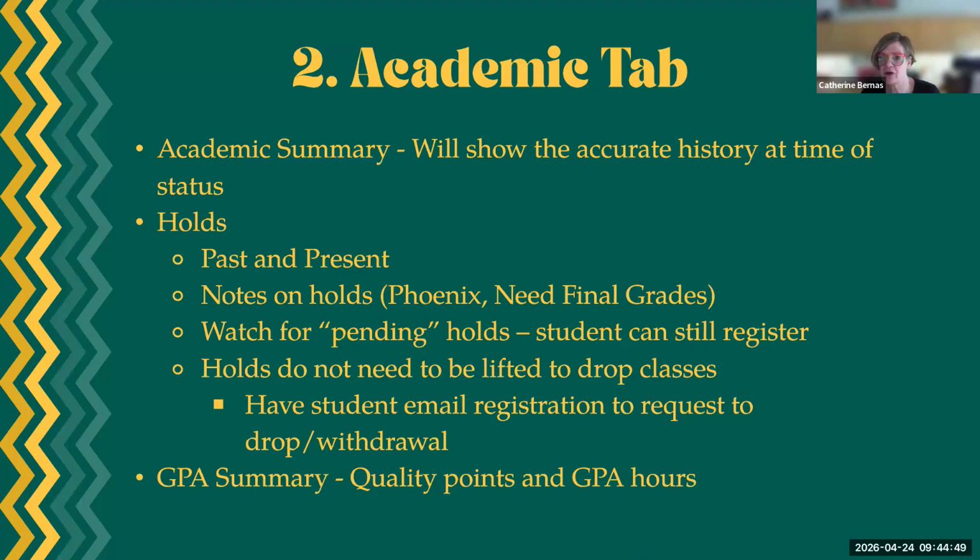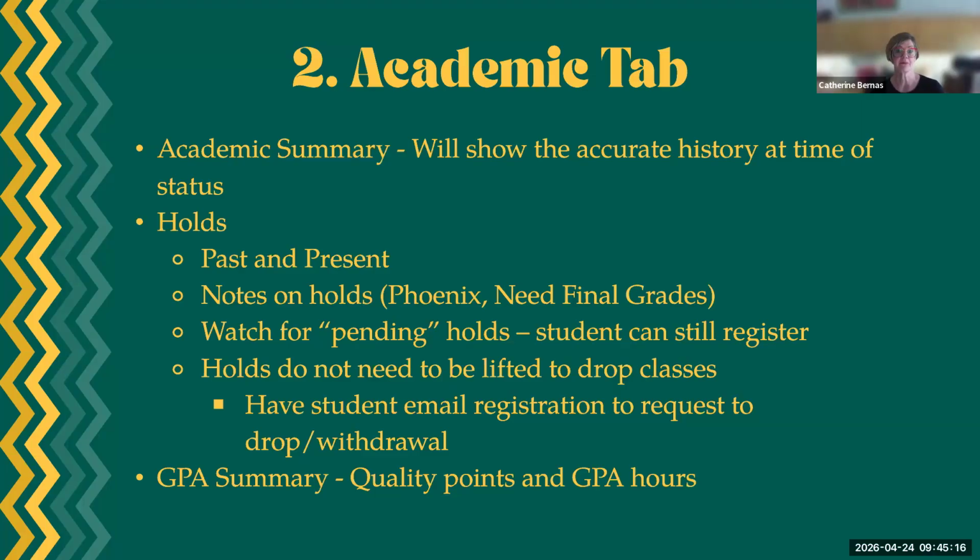The next place that I go to once I look at all the grades is the academic tab. The academic summary will show me the actual accurate history of the student's academic standing. So I will want to see the status that the student has earned at the end of each term.